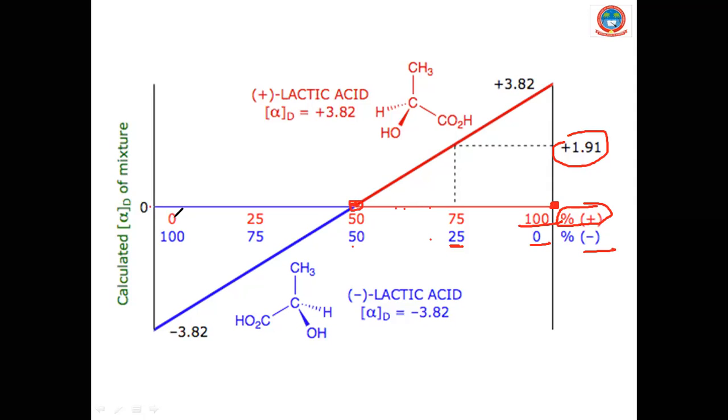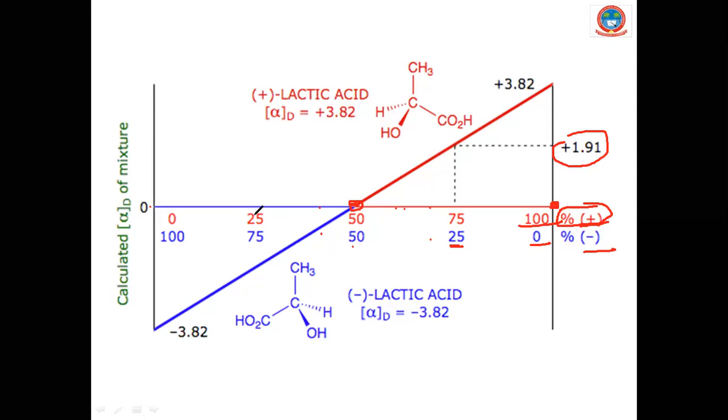Now continue. You can add 60 of this and 40 of this, and you'll get rotation like this, a minus rotation. This blue line indicates the negative rotation. And you keep adding, you reach 25% of this plus lactic acid and 75% of the negative.